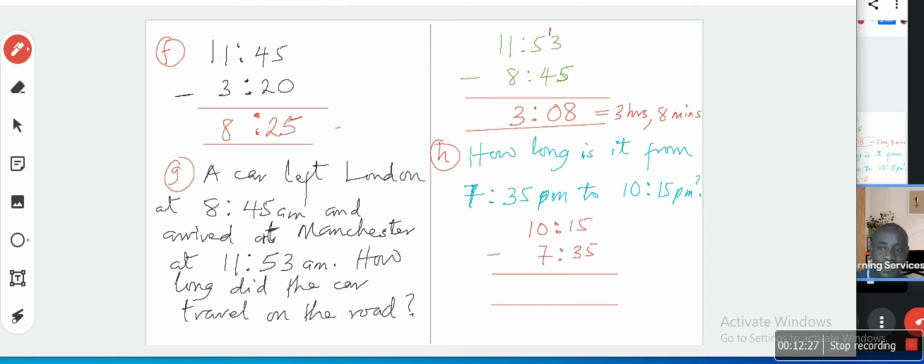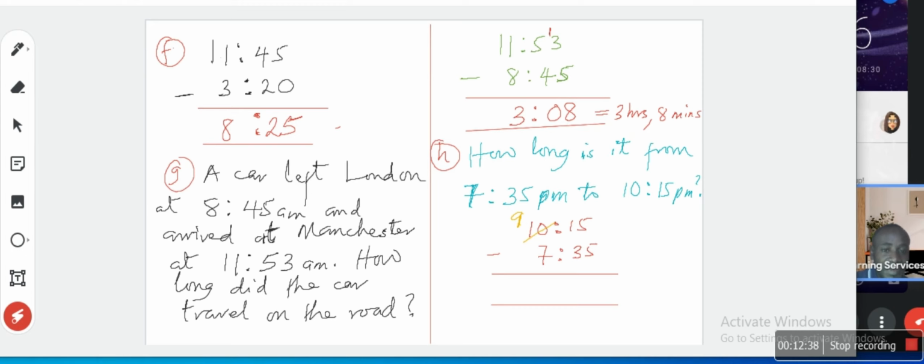Make sure you are paying attention. 9 will be left. The one you collected, you will call it 60. Okay? So you add it to this 15.